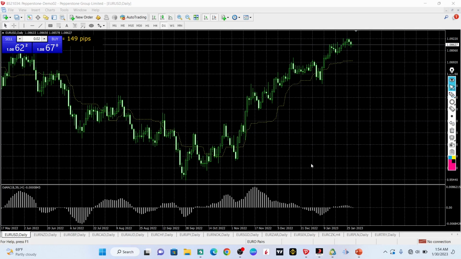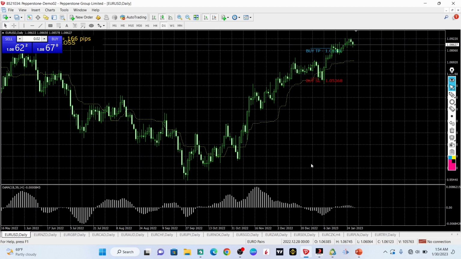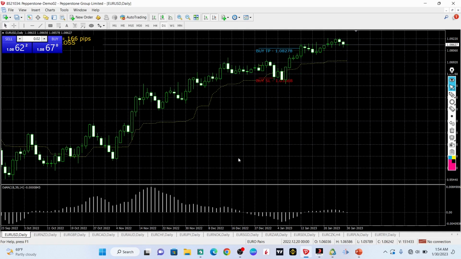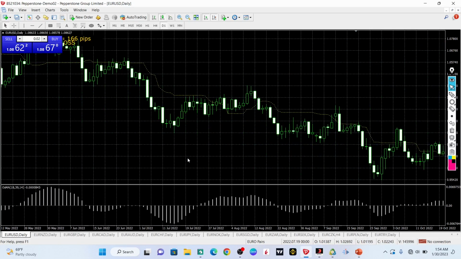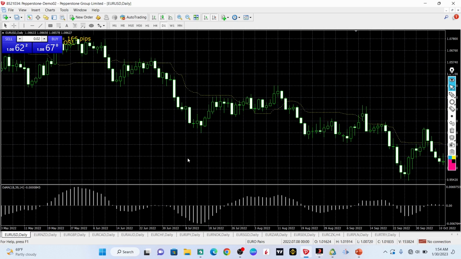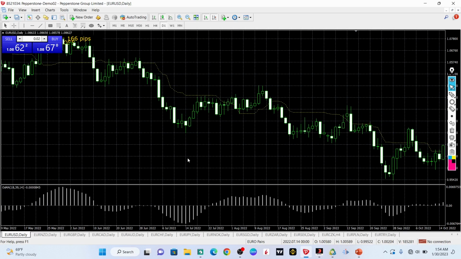The other thing I wanted to look at was the ATR zone when the price crosses above the baseline. For example, right here you can see that now the price is above the baseline. So this is a signal for us to buy.